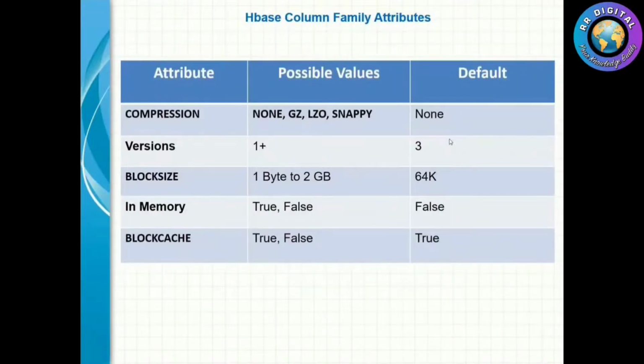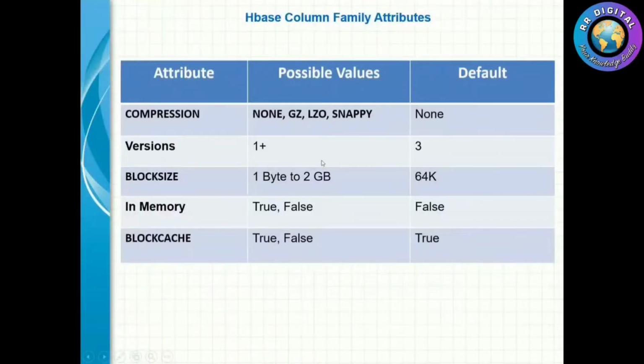Okay, so in HBase we have a few concepts. By default, our framework will take care. Compression technique: the compression backend supports none, gz, lzo, snappy. Okay, so if you do not specify, by default it will consider none.